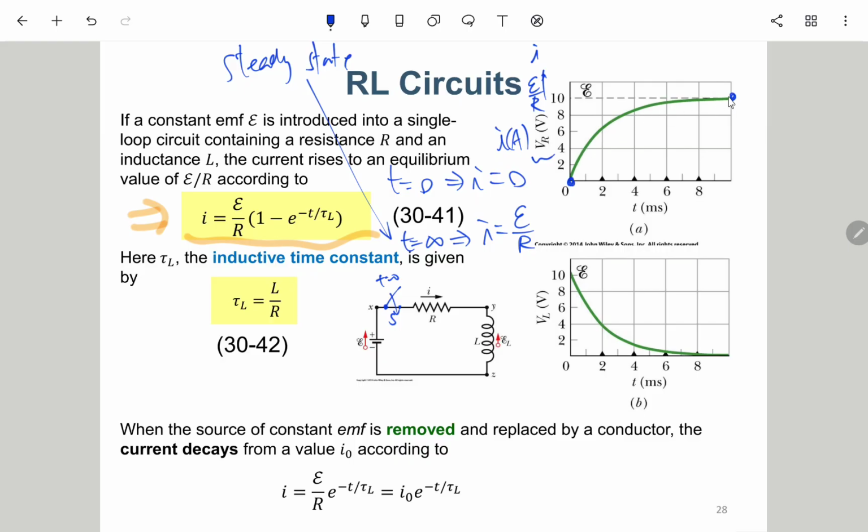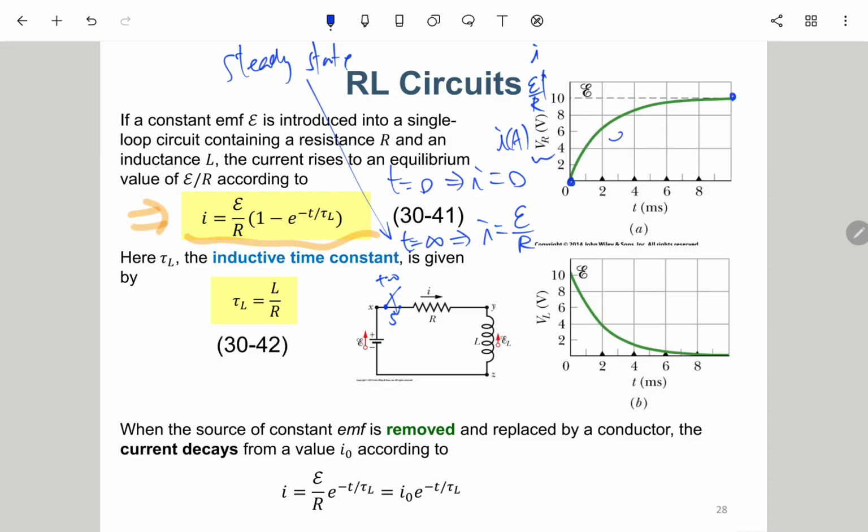I will say this is exponential decay because this one starts from 1 at the beginning and then finally 0, so it becomes smaller and smaller. So we will say this is a first order exponential decay.